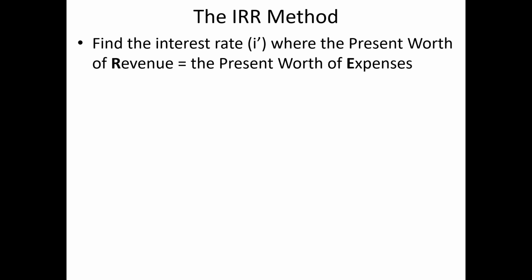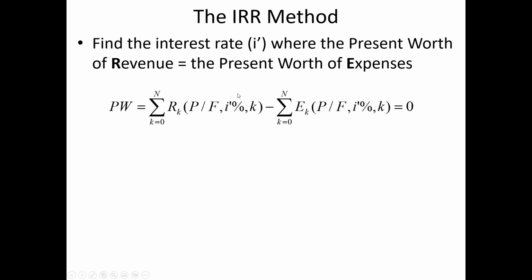So just to summarize, we're taking all the amounts, both revenues and expenses, to the present. And the interest rate that makes them equal is the internal rate of return. So here's a formula that summarizes that. It's saying the present worth should be equal to 0 at some unknown interest rate.